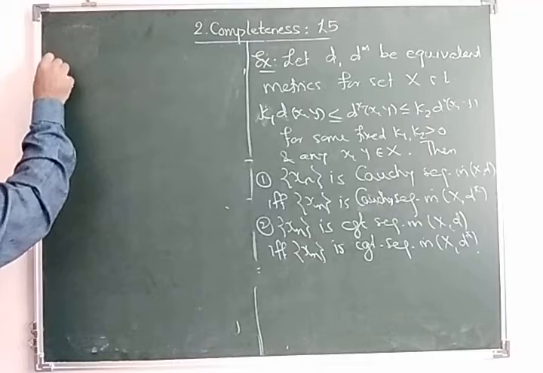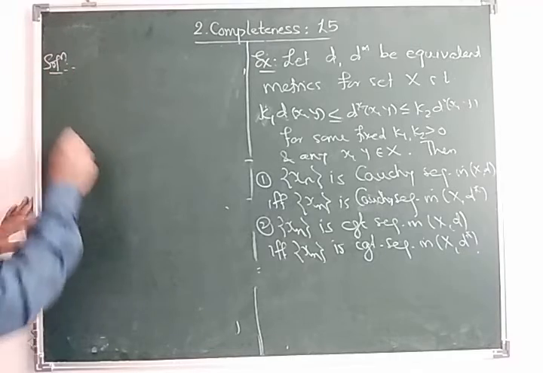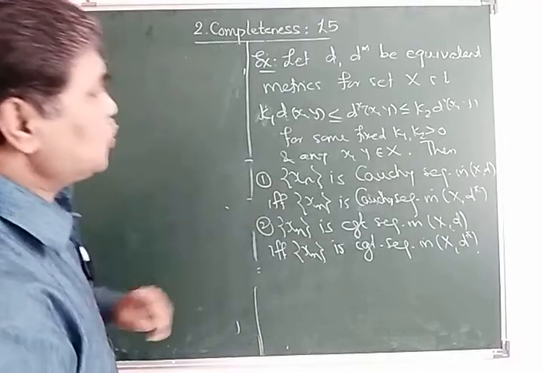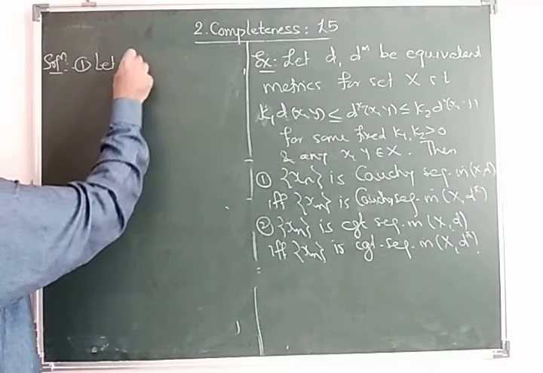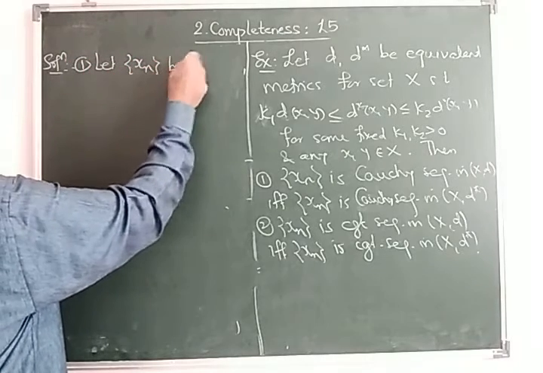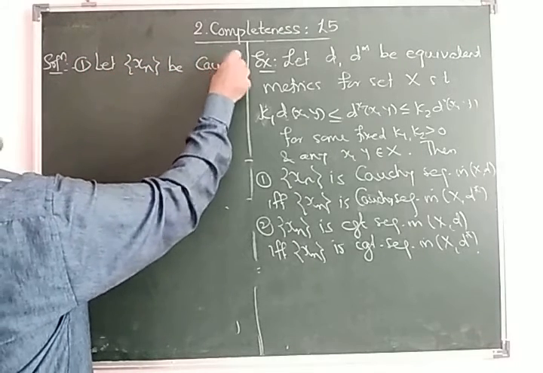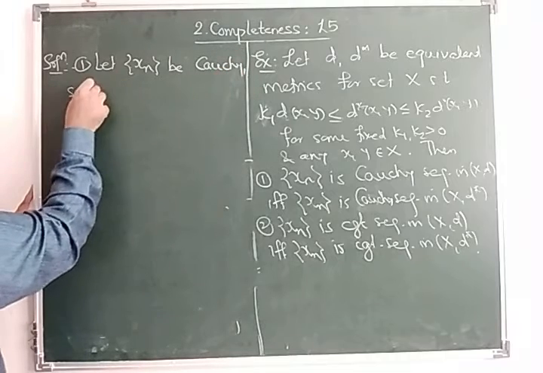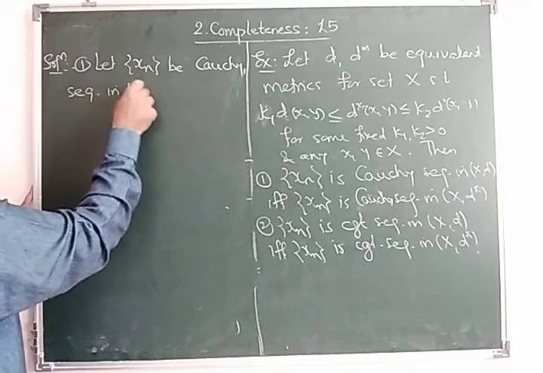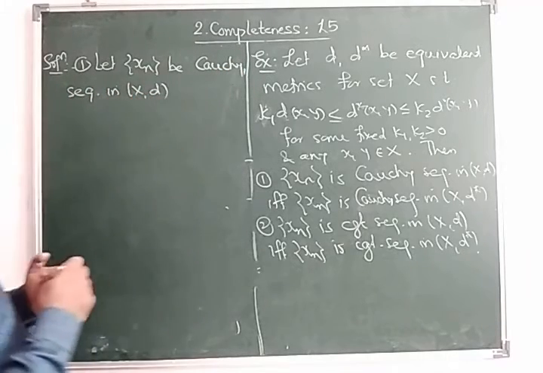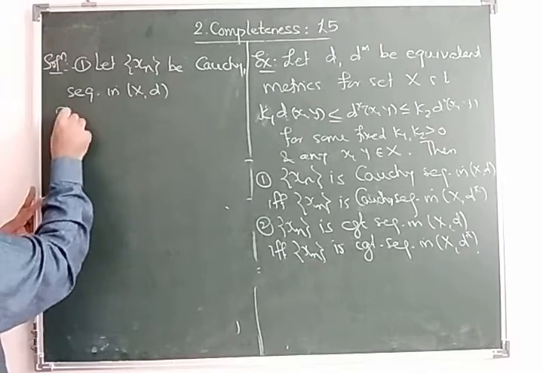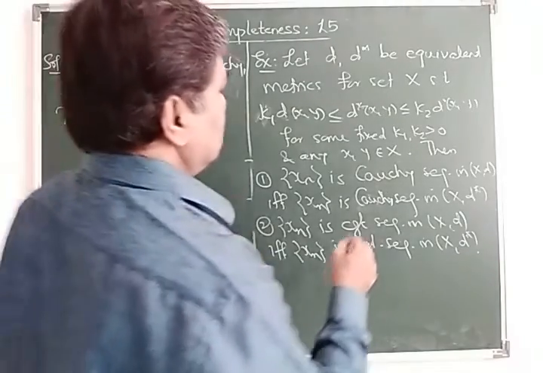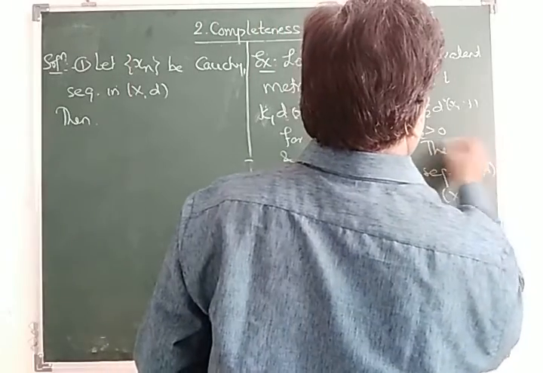So solution 1. First, let xn be Cauchy sequence in Xd. So this is 1.